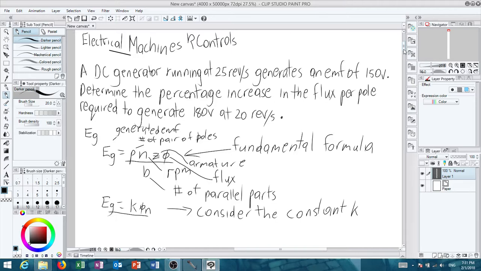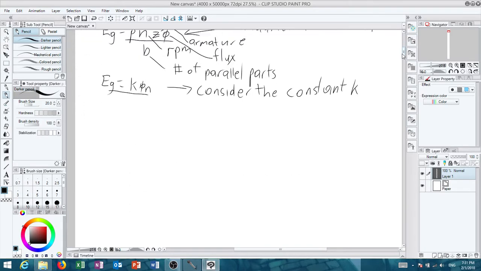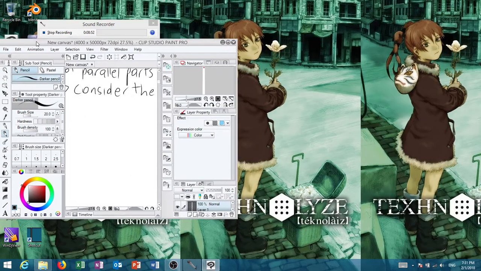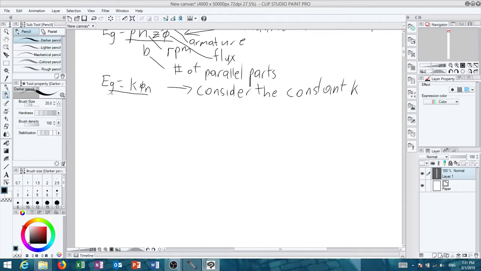We know the speed of the armature and we know the generated EMF before and after the increase. So, what we have to consider from this equation is the generated EMF and the speed of the armature.